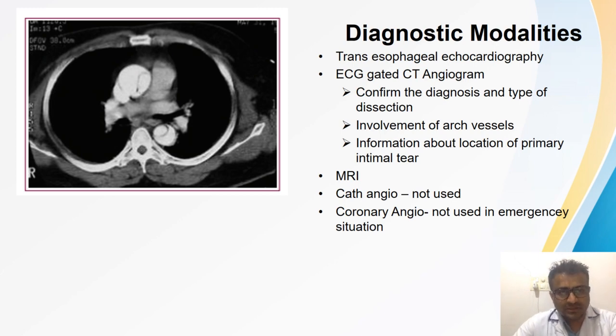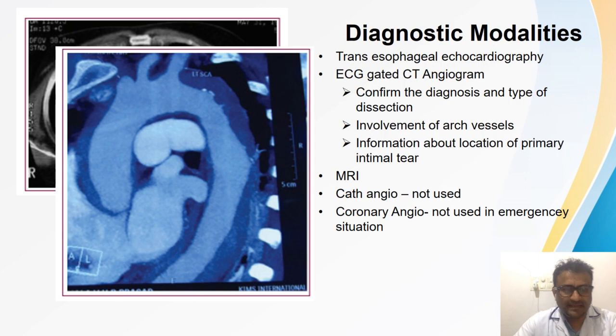It can also diagnose the involvement of other arch vessels, the extension, and the penetrating point; the primary intimal tear can also be diagnosed on the CT scan. Other modality is MRI. As I said, the invasive model is not used nowadays. Coronary angiography, we don't do it in an acute emergency situation except in patients who have been operated earlier for CABG.